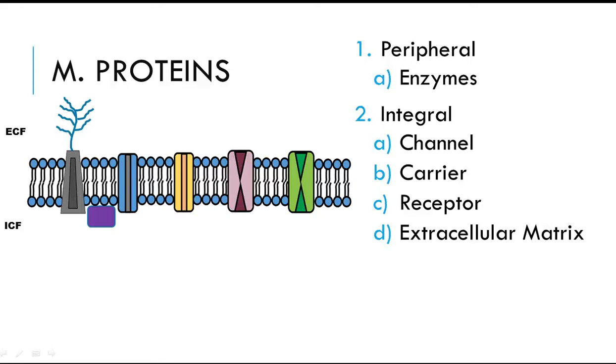Some of our membrane proteins can serve as points of attachment for something called the extracellular matrix, which I don't have represented here. But as the term implies, have you used the word matrix before? Other than the movie, you use the word matrix like a grid, right?